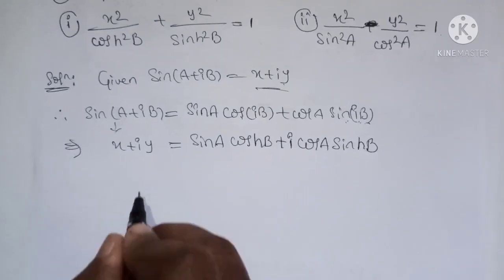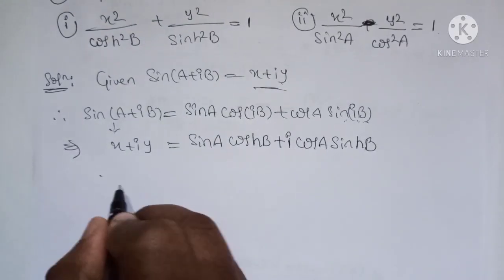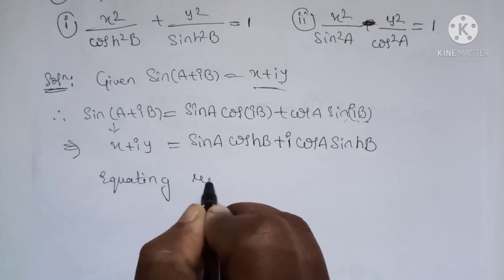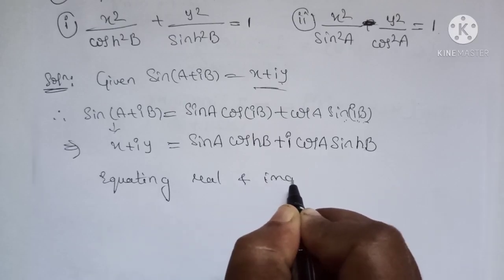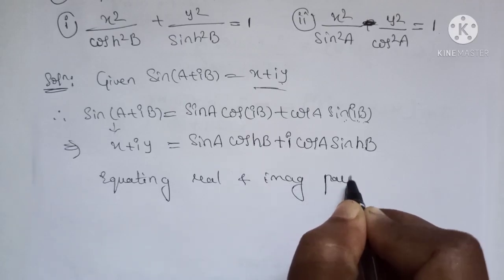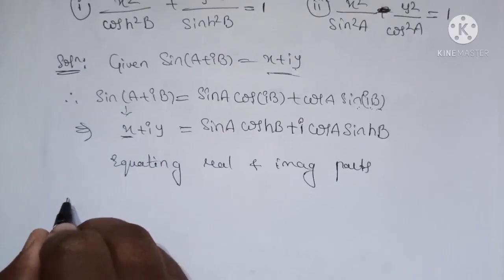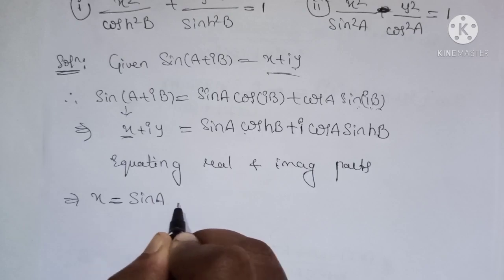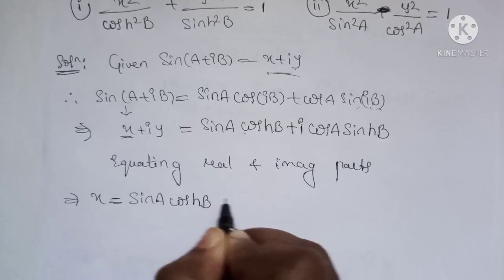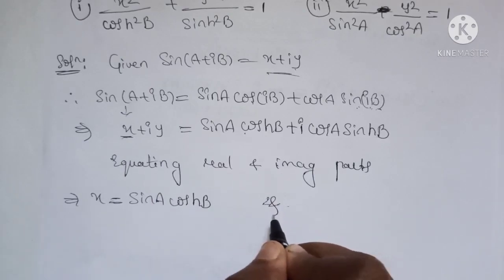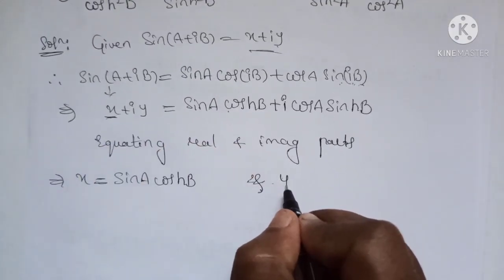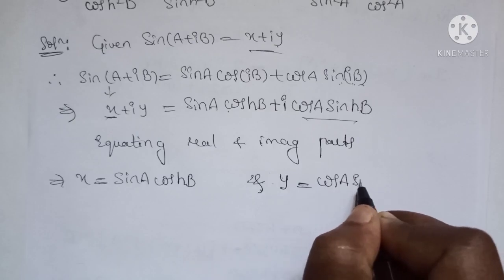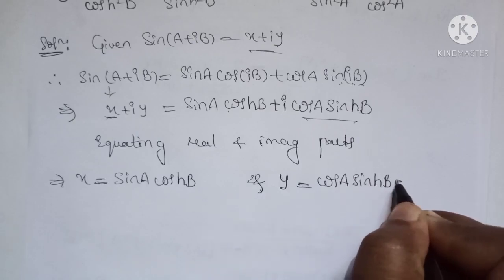Now separating the real and imaginary parts, that is equating real and imaginary parts, we get the real part: LHS is x and RHS is sin a cosh b, and the imaginary part: LHS is y and RHS is cos a sinh b.